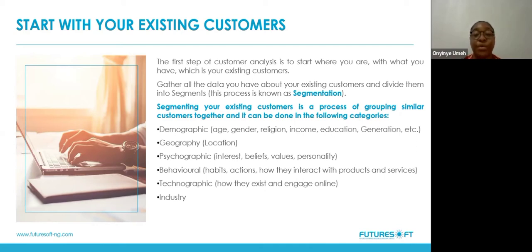So you can gather all of this data and put your audience in segments. What I mean by segments is to group them in a similar way. If you have a different group of people, you can group them in such a way that they relate to each other and they have similar interests and wants.